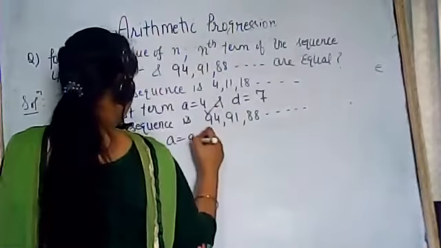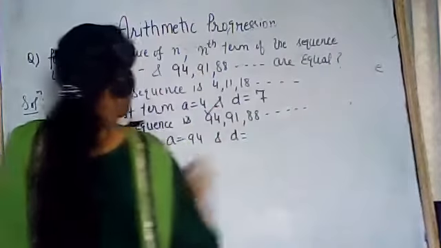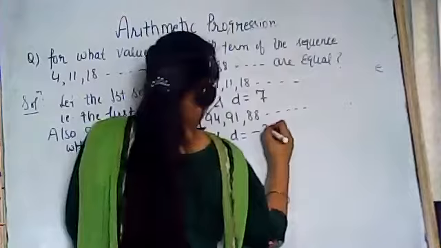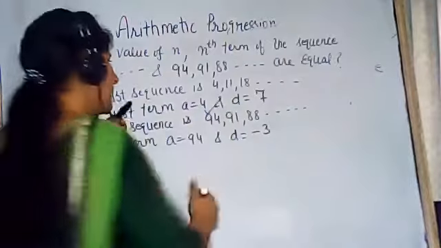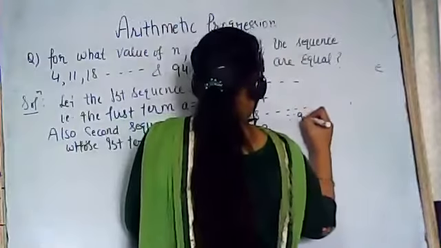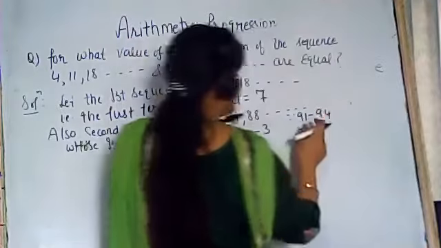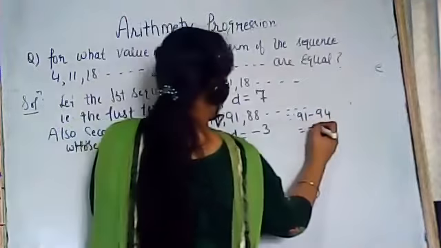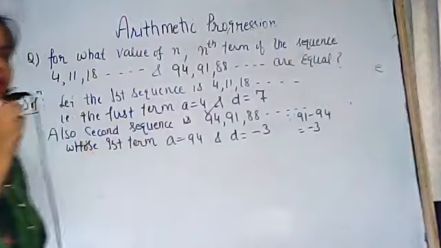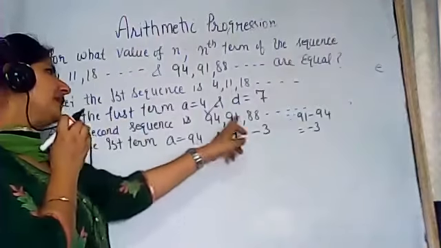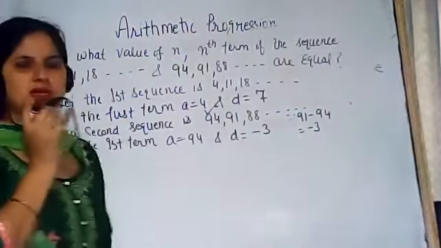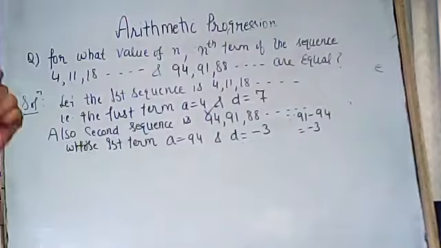This is equal to 94. And what is the value of d in this case? This is equal to -3. Why -3? Because second term is 91 and first term is 94. So when we subtract the larger term from the smaller one, you will get negative sign along the number. It means in the second sequence, the value of d is equal to -3.